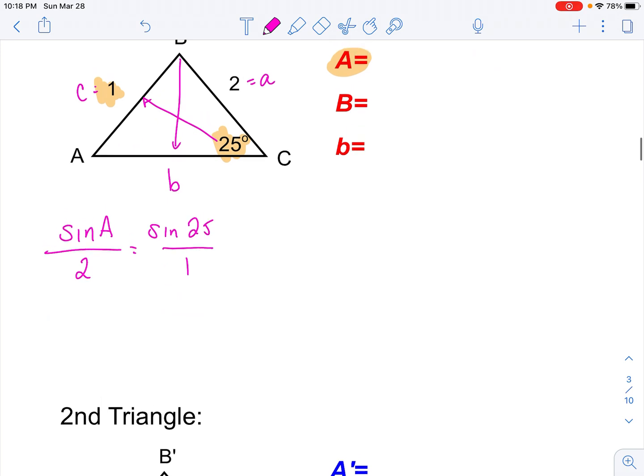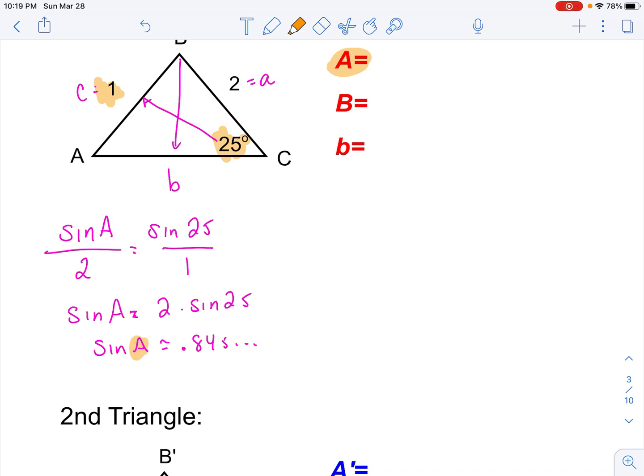Okay, so just like we did yesterday, we can go ahead and cross multiply. So that gives me sine of A times 1, or just sine of A, is equal to 2 times sine of 25. So when I plug that into my calculator, I have to do 2 times sine of 25. That gives me 0.84. So I know sine of A is approximately equal to 0.845, and it keeps going on forever. So I'm going to keep that number in my calculator. And again, since we are looking for the angle, we have to use inverse sine.